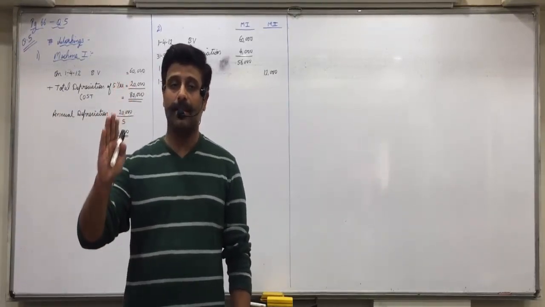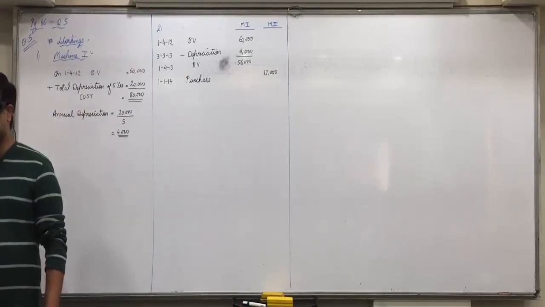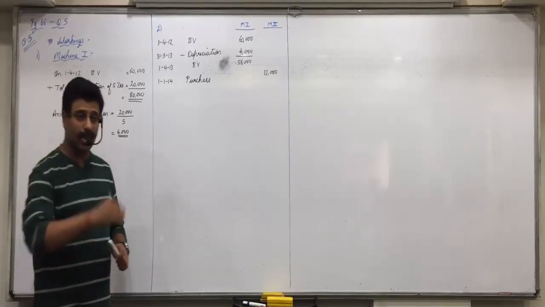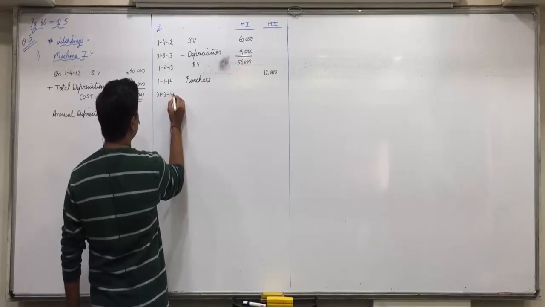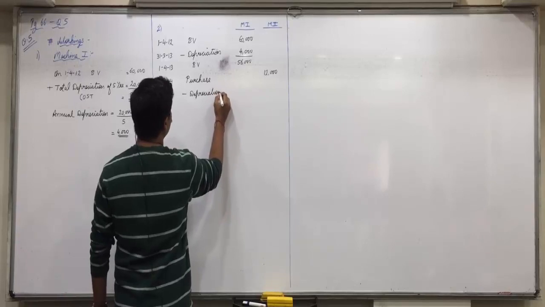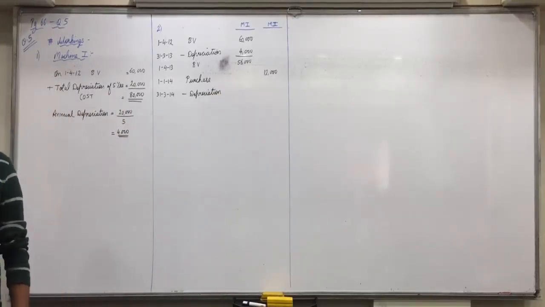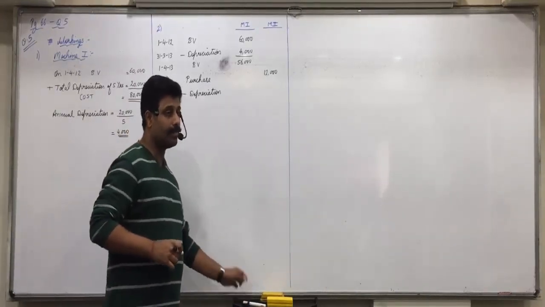Will 31st March 2014 come first or 31st December 2014 come first? March will come before December. So in the chronological order, now on 31st March 2014 again we have to provide depreciation. Be very careful with this point. It is very simple. If you do it cautiously, you never make a mistake. Every date compare with the year ending and see which should come first. Amounts? 4,000 in machine 1, 150 in machine 2.